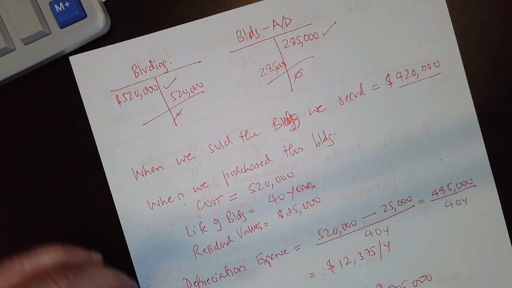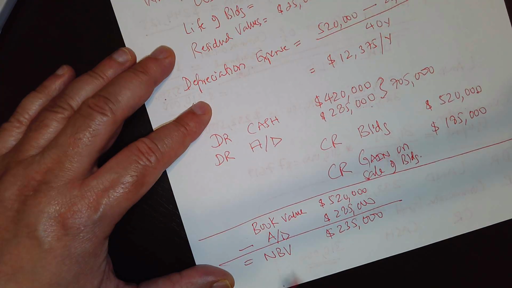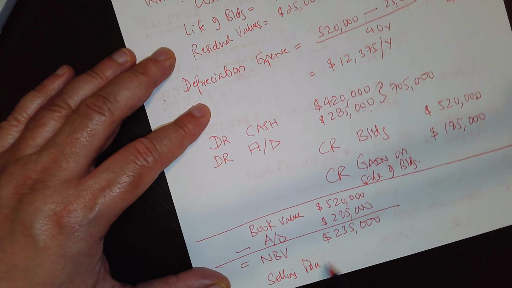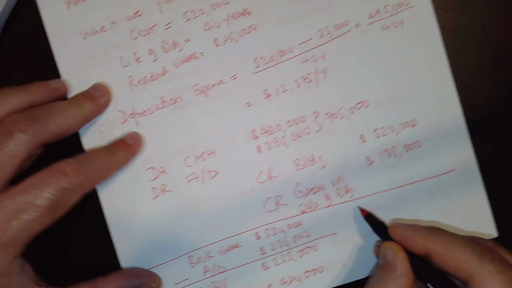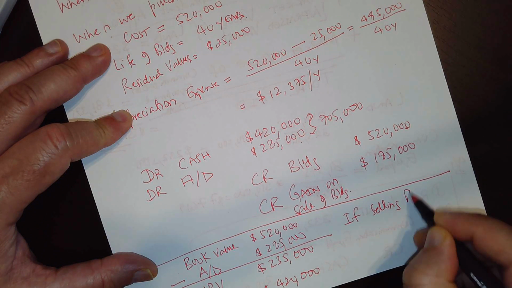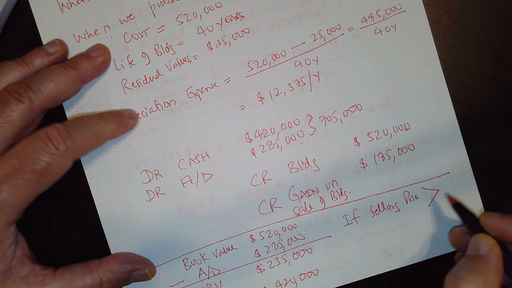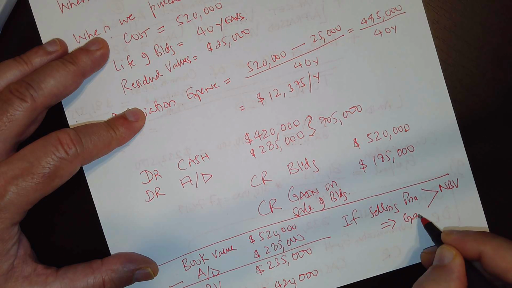And how much cash are they giving you? They are giving you the selling price, which is $420,000. So if the selling price is greater than net book value, you have a gain.